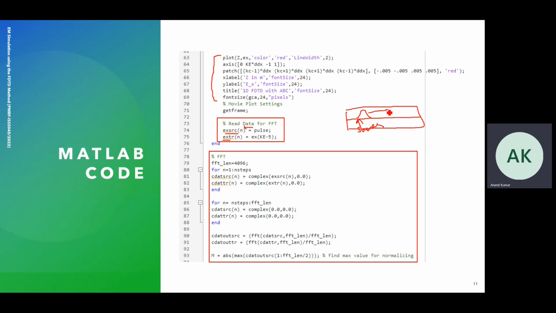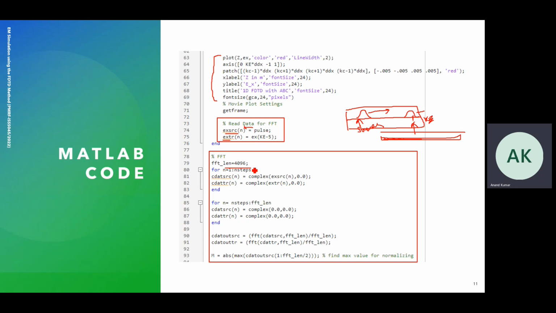This particular Gaussian pulse or whatever wave travels over here, and when it passes through over here, this particular node is KE. So at KE minus 5, whatever the pulse travels, we store the value over here. And once we store it, we get a vector with all the values that propagated from this point. Similarly, for the pulse value, we get two vectors and we perform FFT on these vectors.